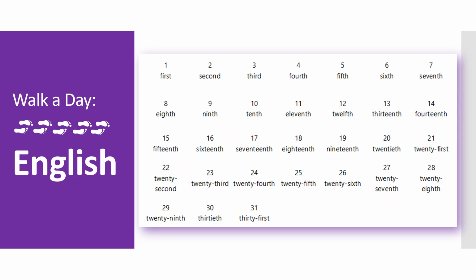When we take a look at our 20s, we're going to be adding the 1, 2, 3, 4, 5, just like we did when they were single digit numbers. The trick here is to listen to the pronunciation of 20. When I say 20, I don't pronounce that second T. I do not say twenty, I say twenny.